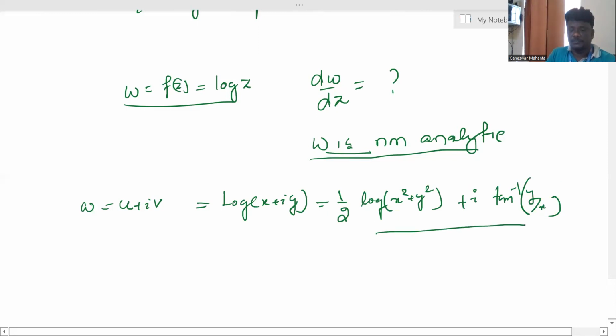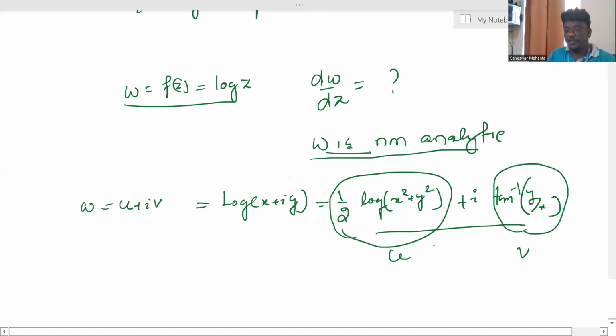This part is u, and this part is v. Then del u by del x is x by x square plus y square, which is the same as del v by del y. You can check this value.